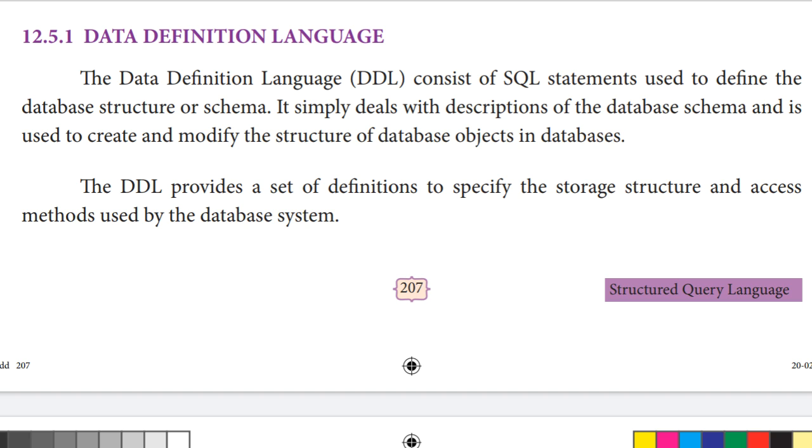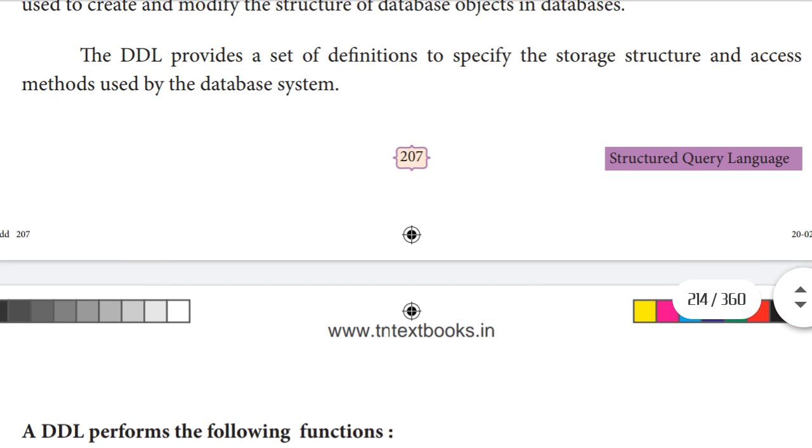The DDL provides a set of definitions to specify the storage structures and access methods used by the database system. So here we have to specify the storage structures, and access methods also, in this data definition language.